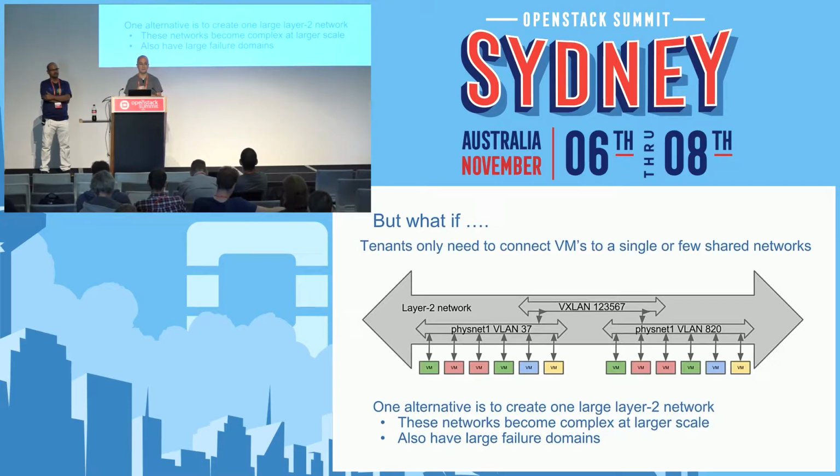What if in certain use cases, the emphasis and the importance is really on just providing a port to the VMs, and they want to have a large number of VMs connected to those networks? Of course, one alternative is to create a large layer 2 network, but that has its downside. It essentially creates a large failure domain. It becomes difficult to scale from the point of view of performance.